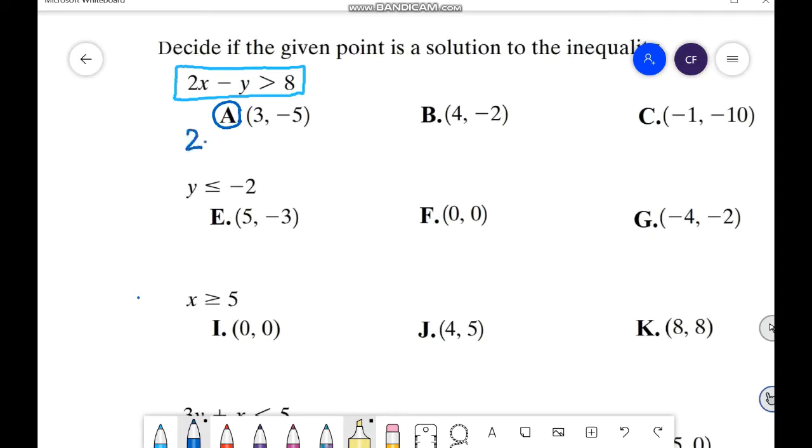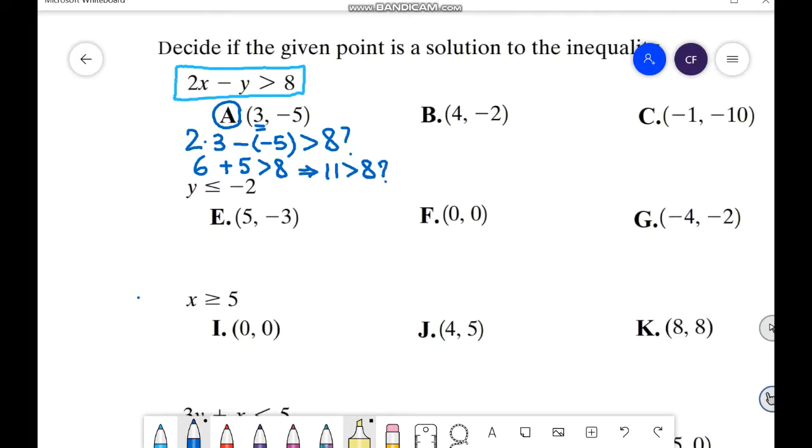So 2 times x, x equals 3, 2 times 3, minus y. Y is -5, minus -5. Is it greater than 8? I don't know yet. 2 times 3 is 6, minus -5, negative, positive, that means 6 plus 5, 11. Is 11 greater than 8?